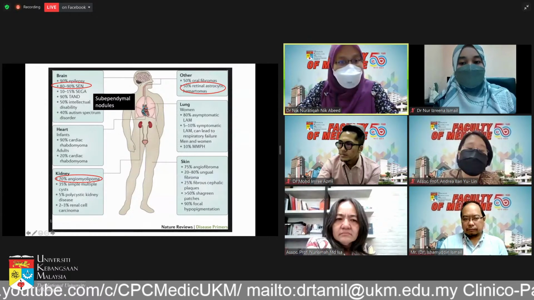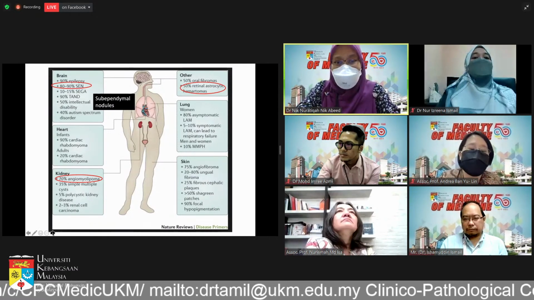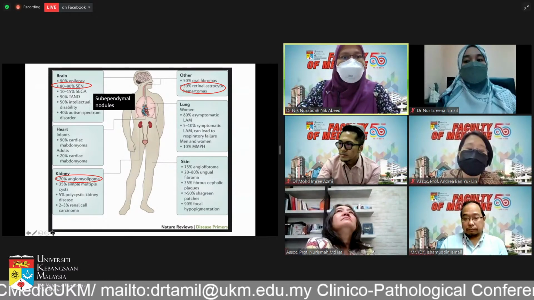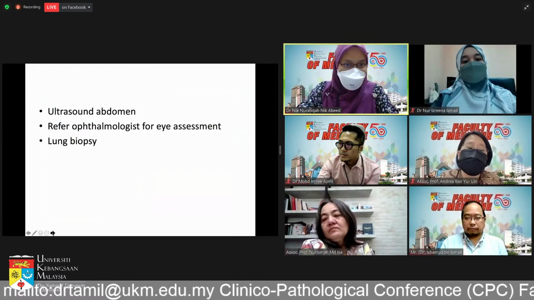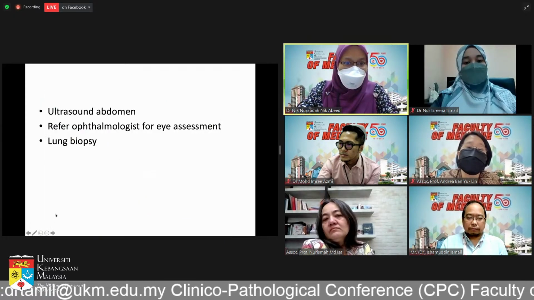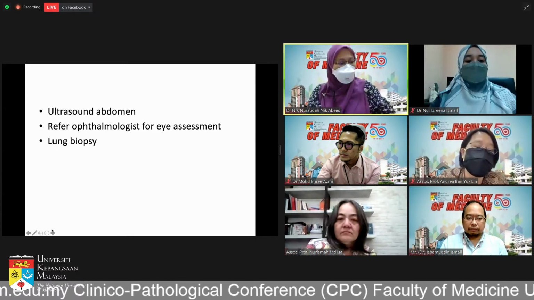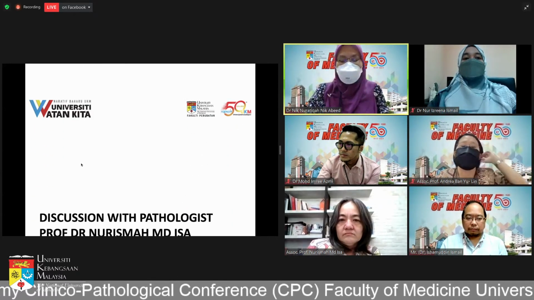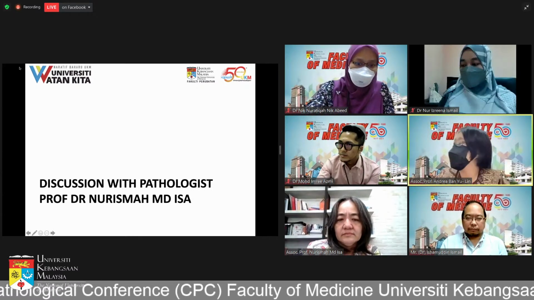We also referred to ophthalmologists, and they could see the retinal hamartoma. So at this point, we are also glad that we have a lung biopsy for this patient. Let's see the lung biopsy and interpret it to further clarify the diagnosis.